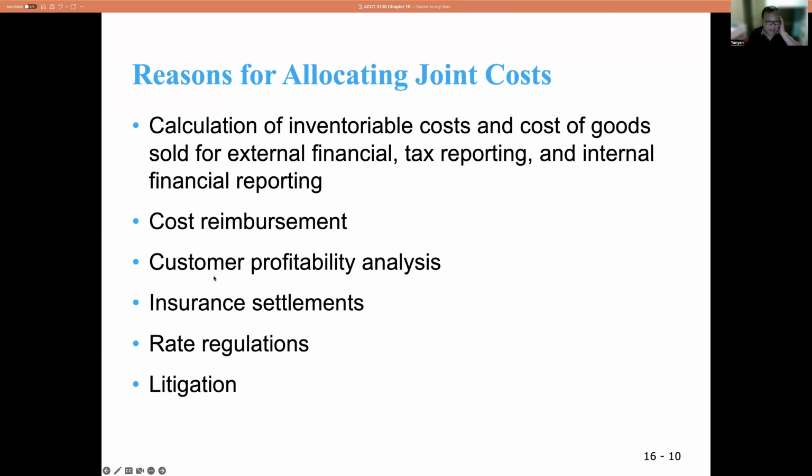And also customer profitability analysis. When you sell this product, you want to analyze whether this product is profitable or not. To know that, you have to know the cost. So you can see that there are different reasons for allocating the joint cost.